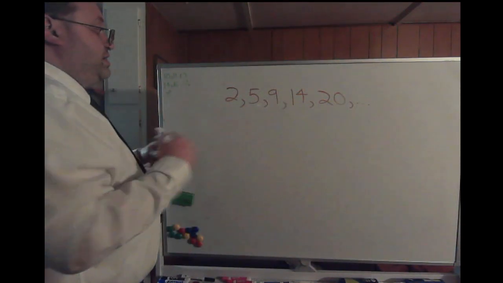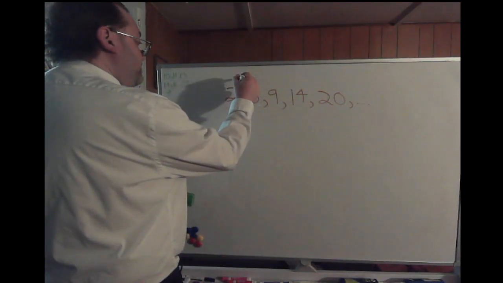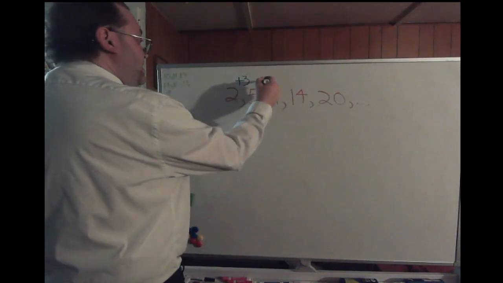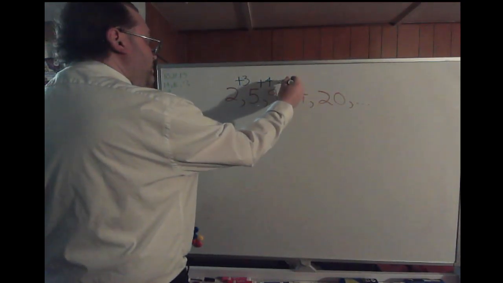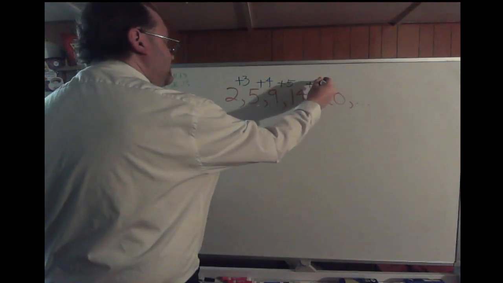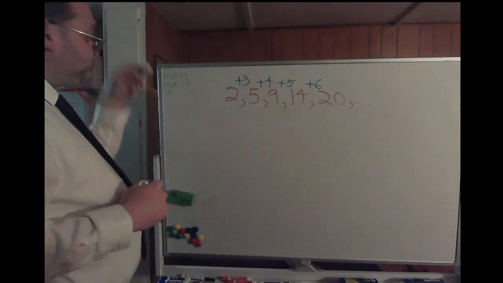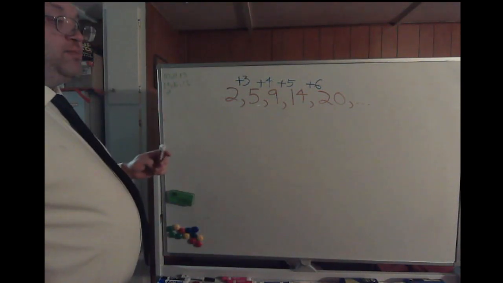This is different, because to get from the first term to the second term, to get from 2 to 5, you add 3. To get from 5 to 9, well, you add 4. To get from 9 to 14, well, you add 5. To get from 14 to 20, you add 6. So we can clearly see this is not a normal addition one.